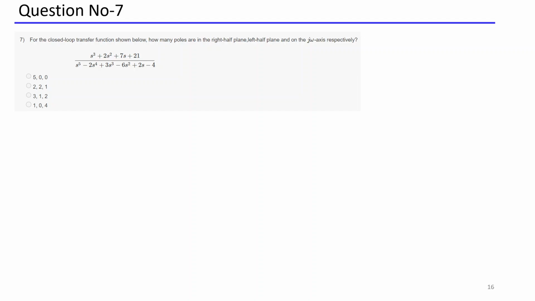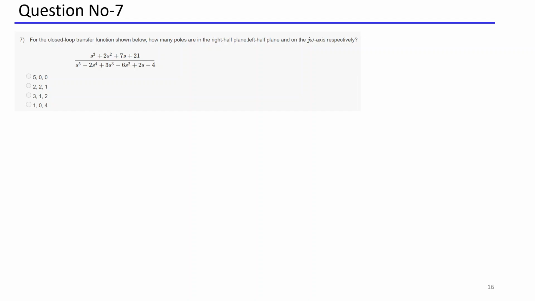We have to find the roots of the characteristic equation. Just read the question: for the closed loop transfer function, he's asking. So you have to find the characteristic equation, right? The system itself is given as a closed loop system.